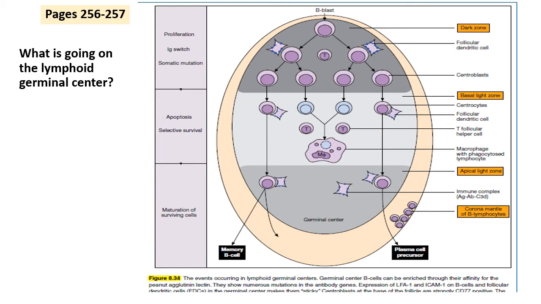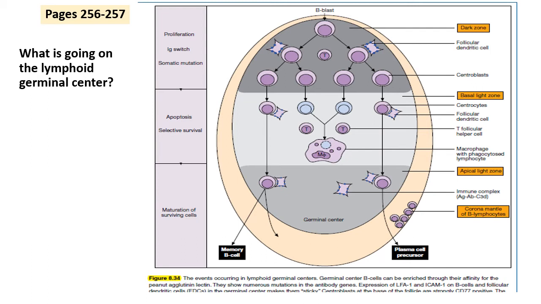The dark zone contains large mitotically active B cells called centroblasts, while the light zone below contains smaller non-dividing B cells called centrocytes.